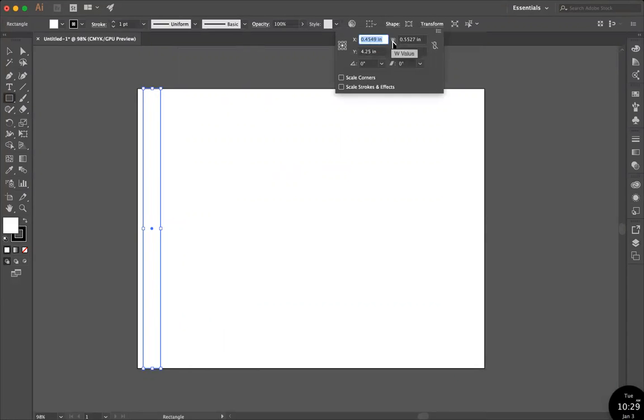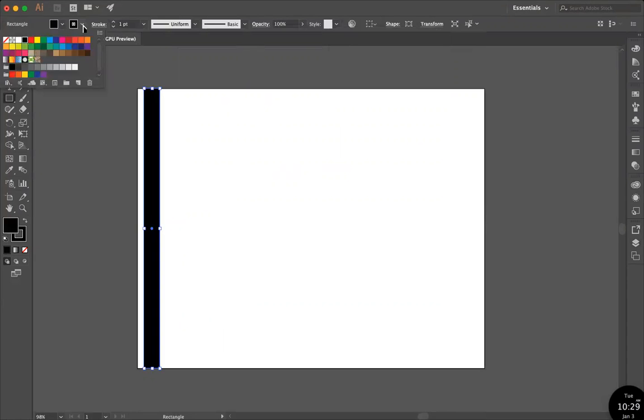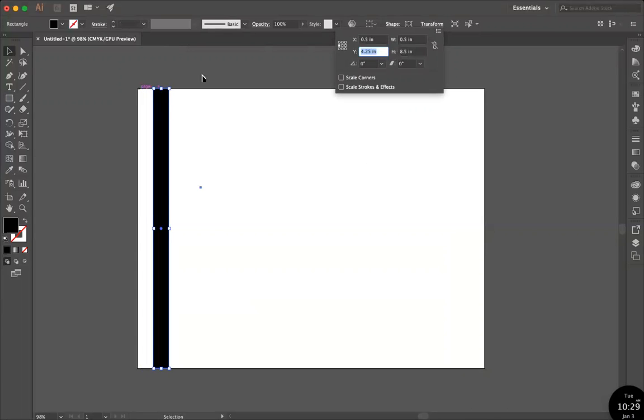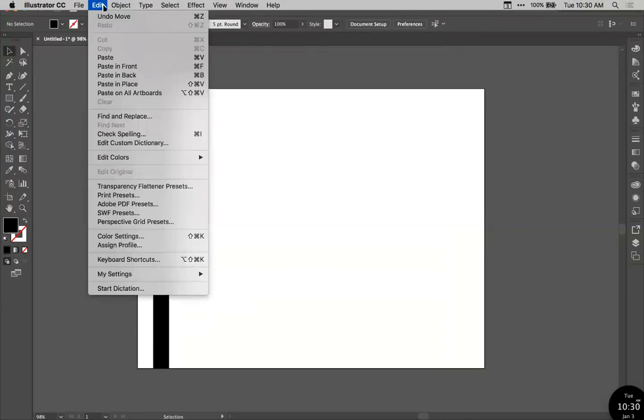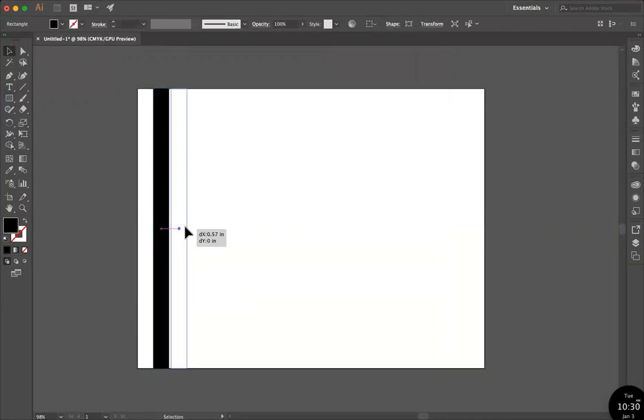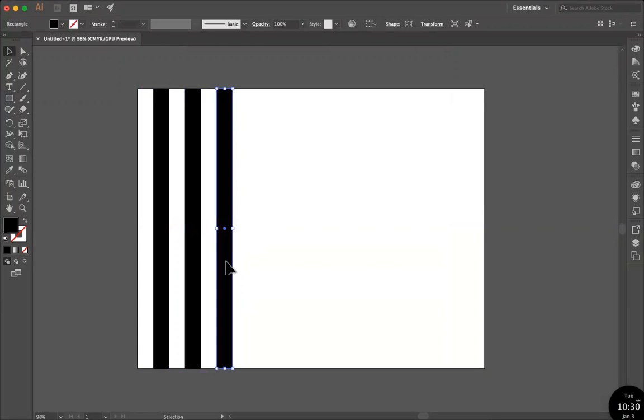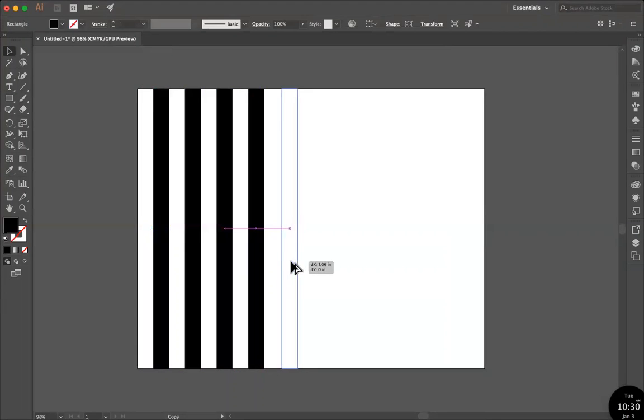Okay, so if I set this to be 0.5 inches wide, and I'm going to move this so that the left side of it is 0.5 inches over. And then I'm going to make some copies of this. Oops.